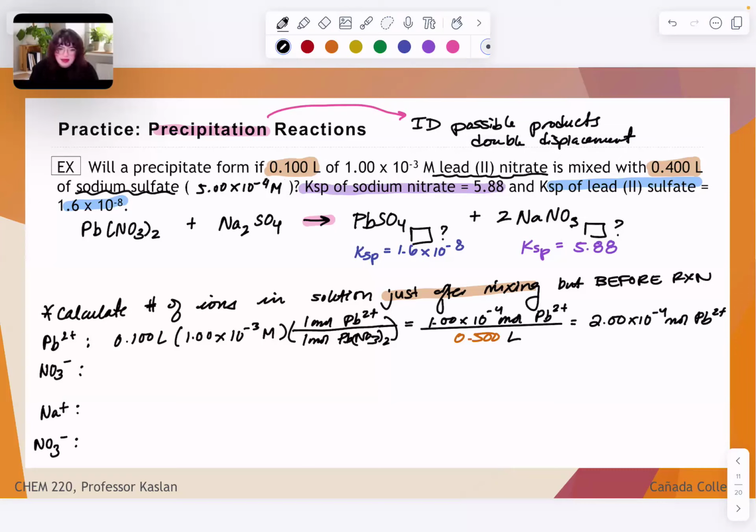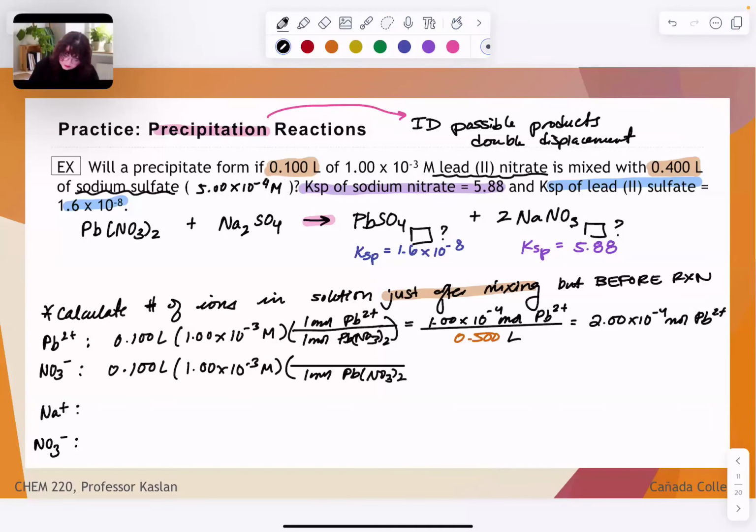And then I can do something very similar for the nitrate. So this is 0.100 liters times 1.00 times 10 to the negative 3 molar. Except now, looking at the ratio of my salt to its ions, for every 1 mole of this lead 2 nitrate dissolved, that generates 2 nitrate ions.